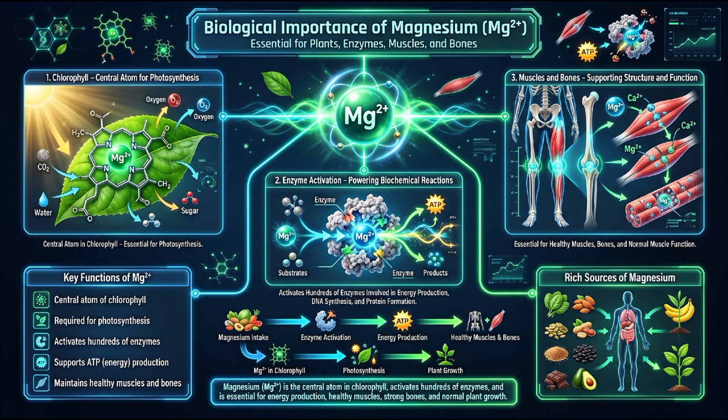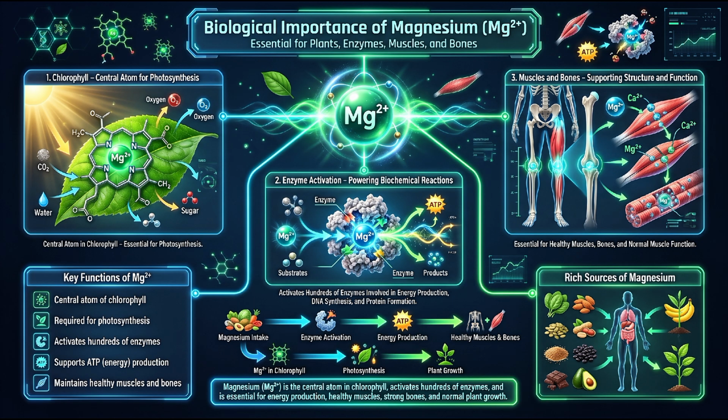Enzymes are specialized proteins that act as biological catalysts, speeding up chemical reactions inside living cells. More than 300 enzymes in the human body require magnesium ions to function properly. Magnesium helps stabilize enzyme structures and assists them in binding with their substrates, allowing countless biochemical reactions to occur efficiently.